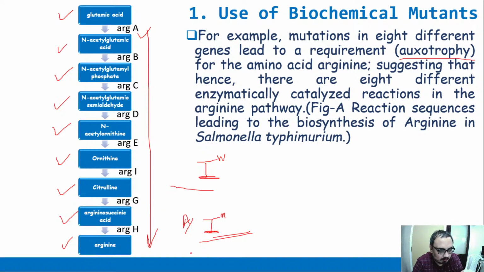Now I have a mutant which does not have the gene arg I. Which does not have arg I in this mutant. Now in the case of wild type, what happens?